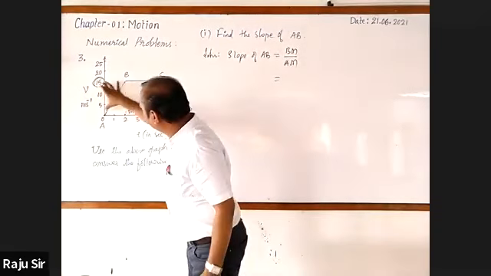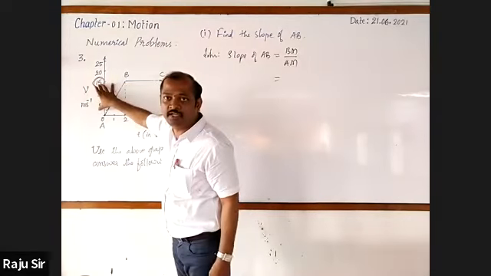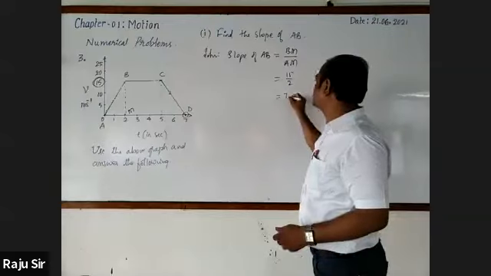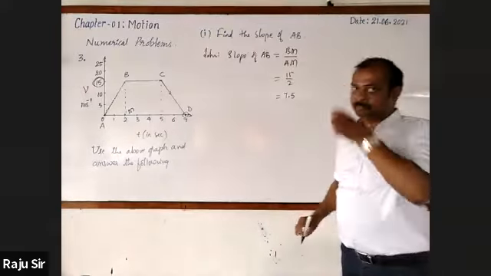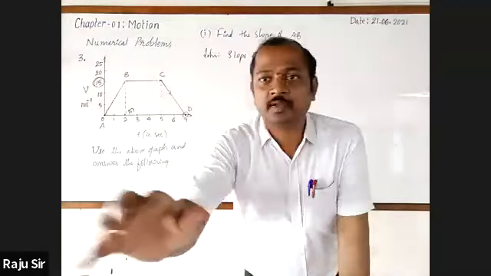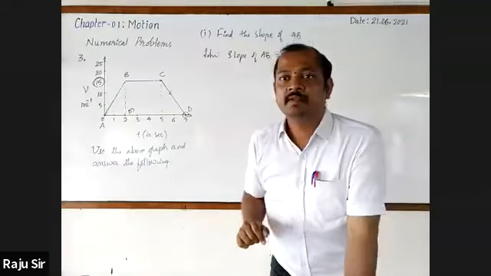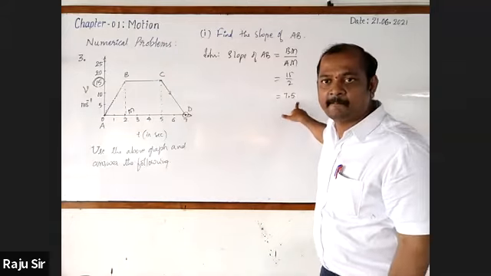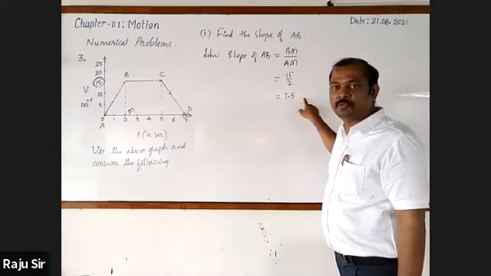BM is 15. AM is 2. So 15 by 2 is equal to 7.5. Sanvi, what unit should I write here?